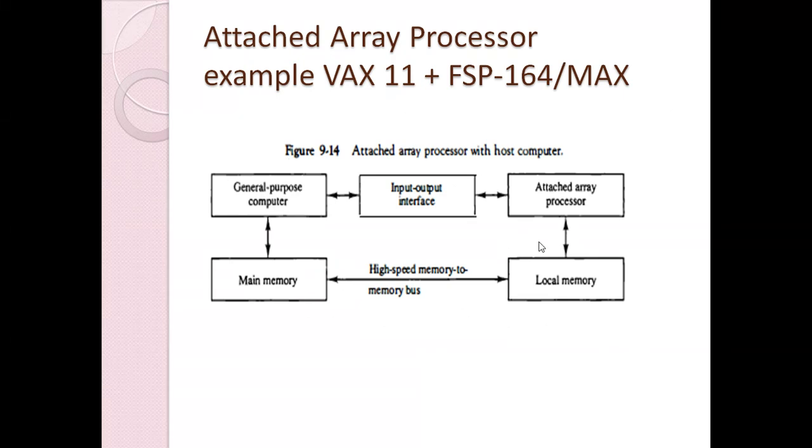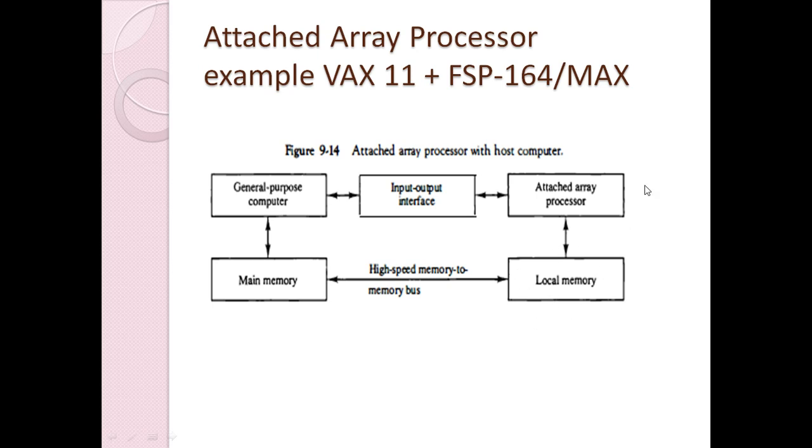So here we see how the attached array processor is organized or arranged. Here is your general purpose computer and here is an additional processor which is the attached array processor. So both these will communicate with some input output interface. They will give some input to this interface and it will go to the general computer in both the directions.